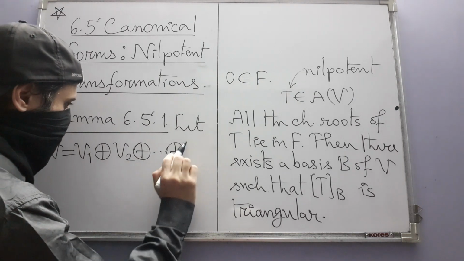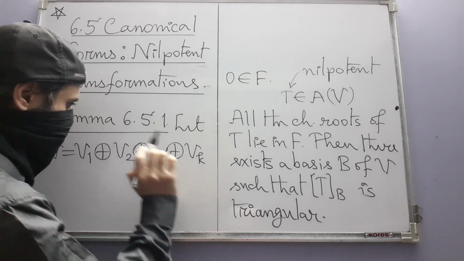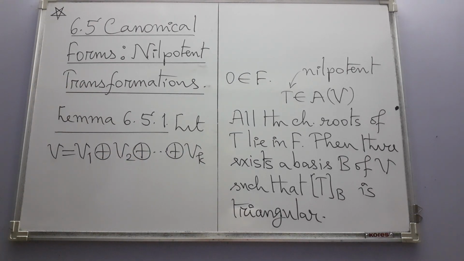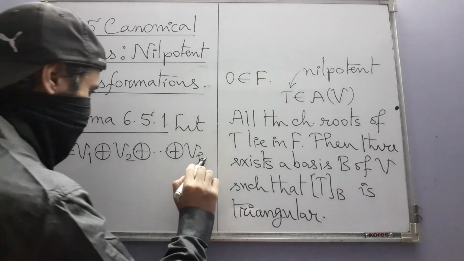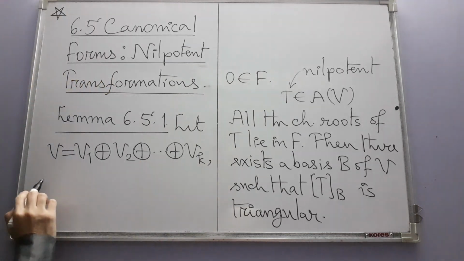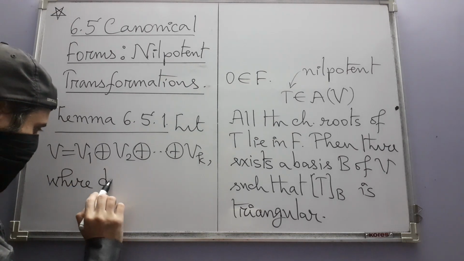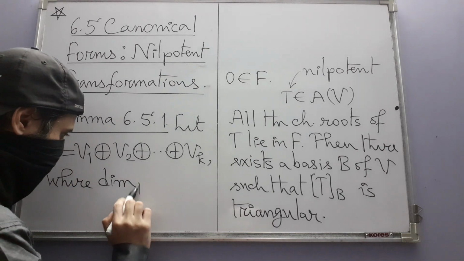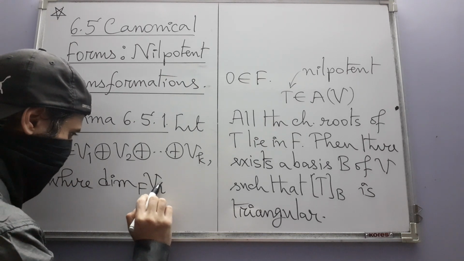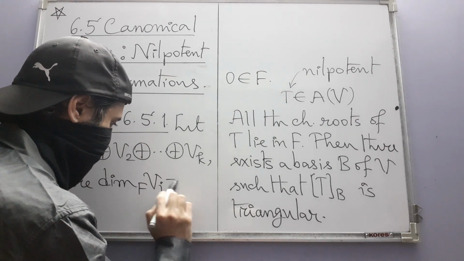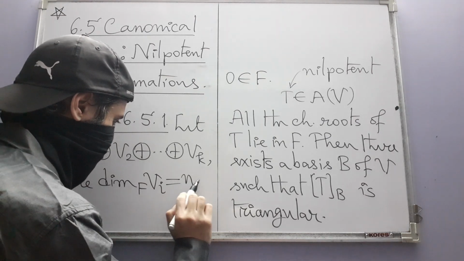V is the direct sum of these Vi's, k number of Vi's, where k is of course a positive integer, where the dimension of Vi over F, the underlying field of scalars, is Ni.